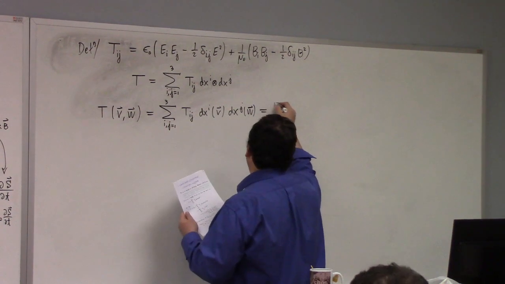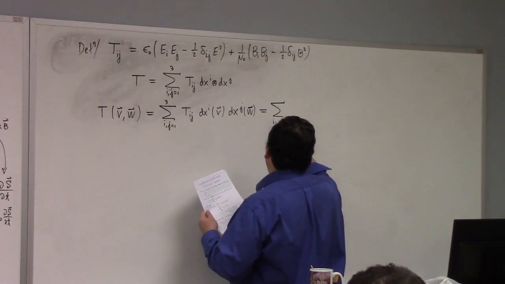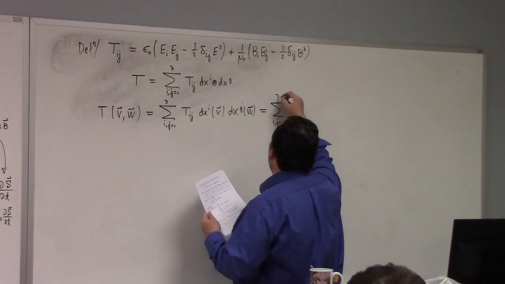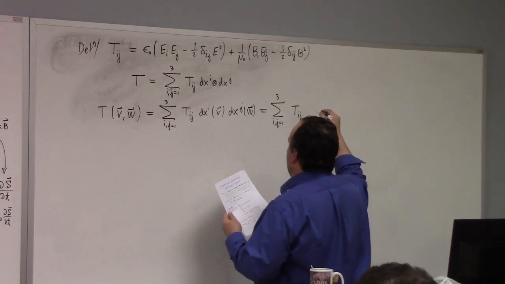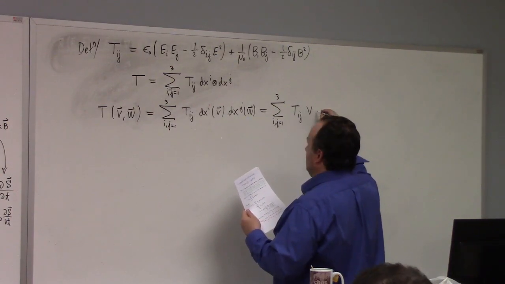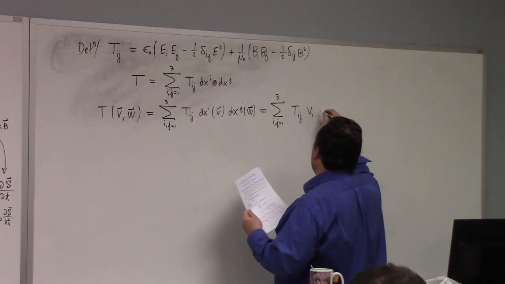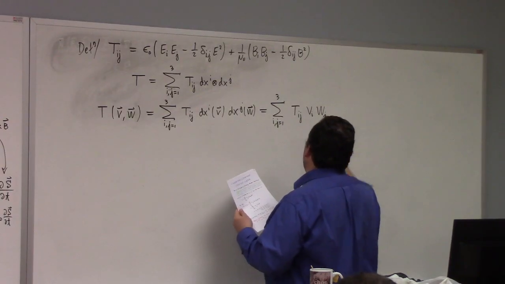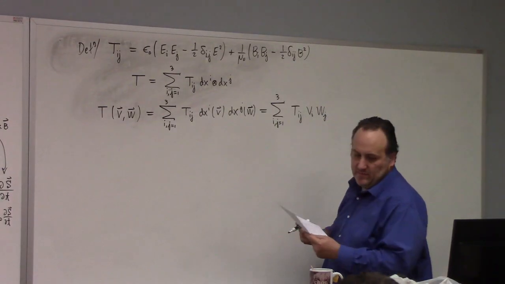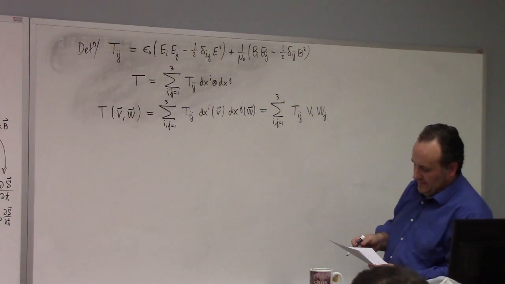And so in terms of a formula, that's the sum i and j equals 1 to 3 of Tij, and that is the ith component of v and the jth component of w. Later in chapter 12, we'll have some other conventions to work with, but at the moment, I'll just leave it like that.